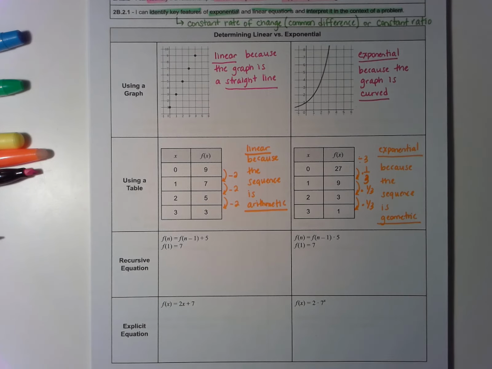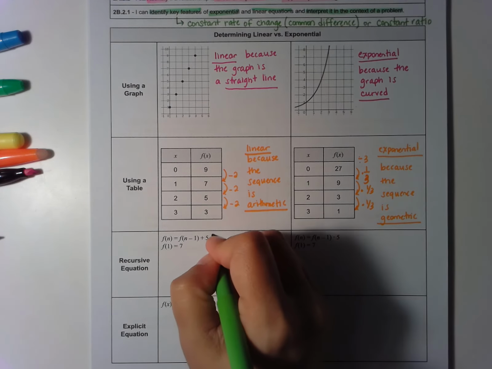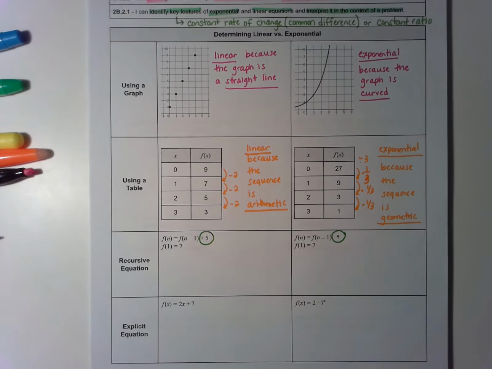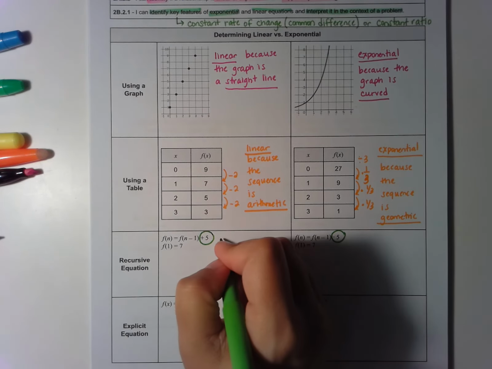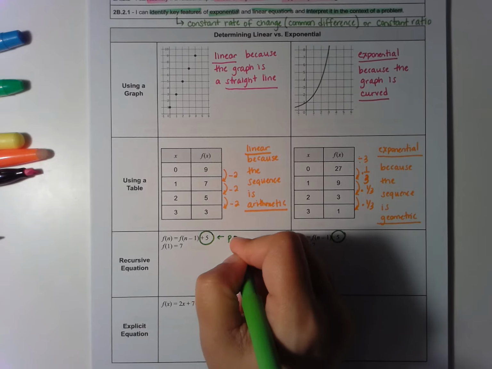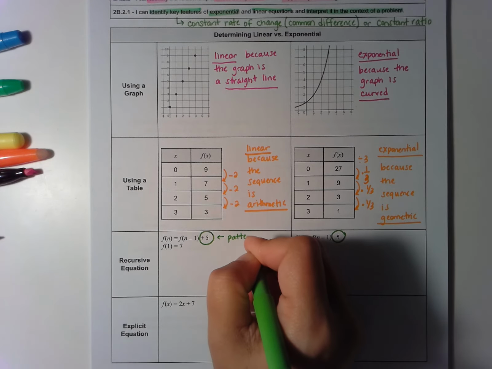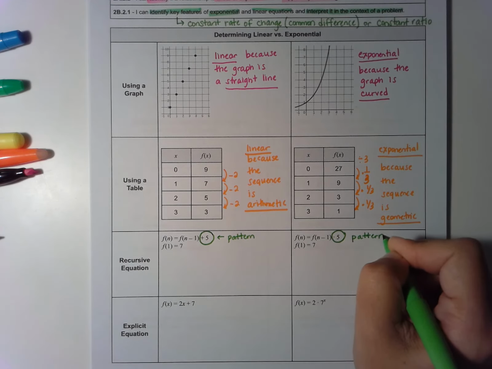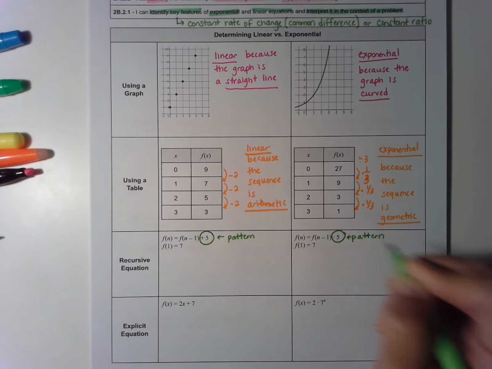In the next problem, we're going to be given some recursive equations. The key here is going to be to look for the pattern. Now you'll notice that the pattern here in a recursive equation is always at the end of the equation. So since this is the pattern, it tells us what type of sequence and therefore what type of function we have.